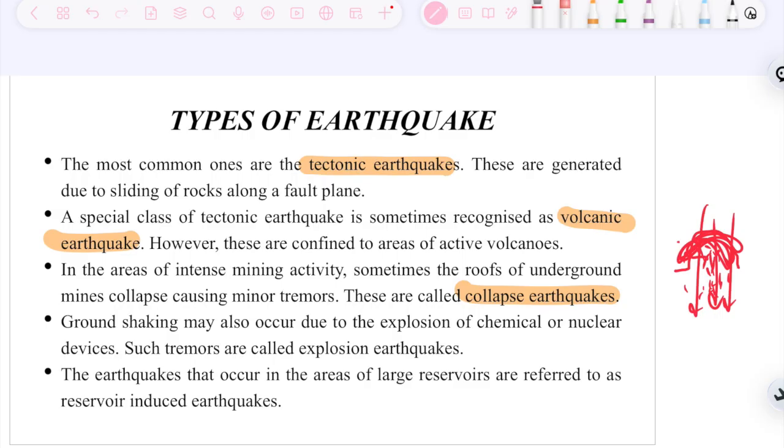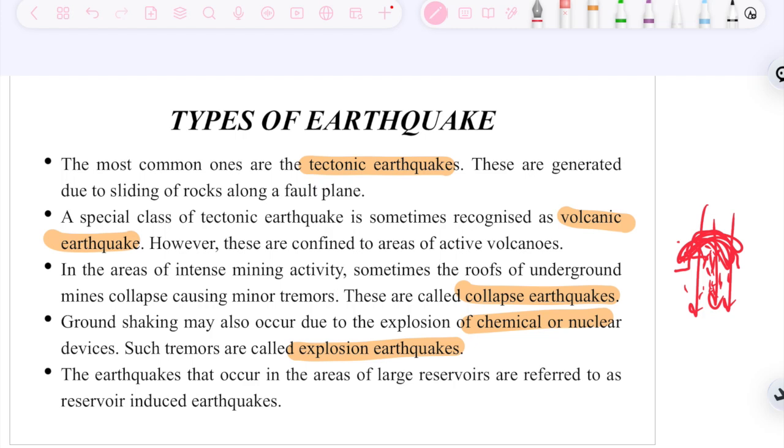The ground shaking may also occur due to the explosion of chemical or nuclear material. Such are called explosion earthquakes. So when there is nuclear bomb testing or nuclear devices being exploded, a huge amount of energy is released, and this huge amount of energy can lead to shaking of earth. This is what is called explosion earthquake.